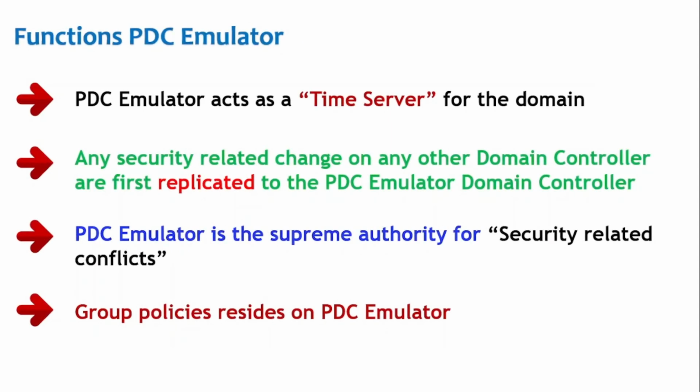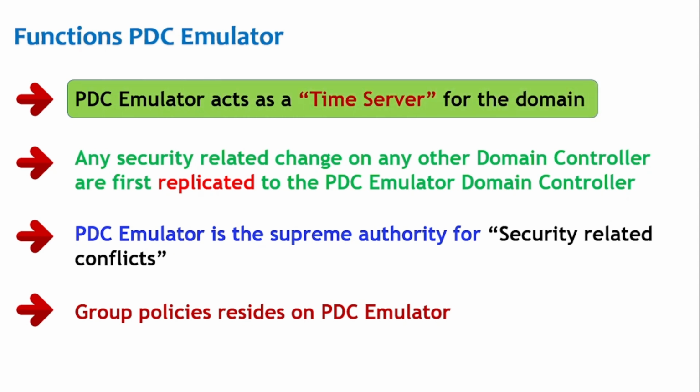So there are many functions of PDC emulator, and one of the functions is that the PDC emulator acts as a time server for the domain. So let us see how time synchronization works in a domain, or how time is synchronized in the entire domain.